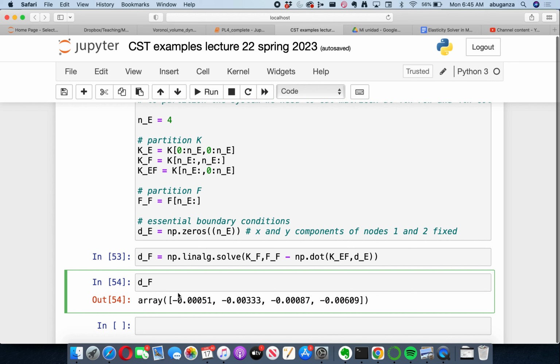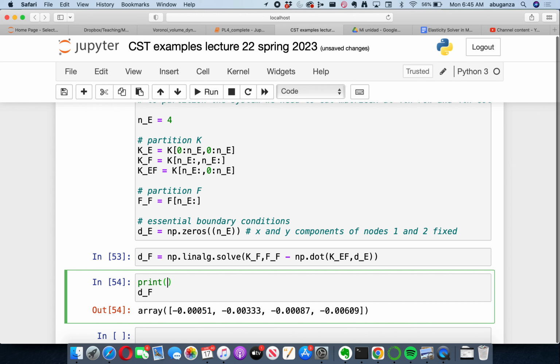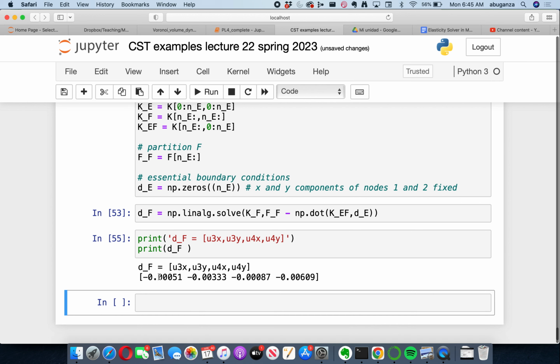Let me annotate this. Let me just print df equals u3x, u3y, u4x, u4y. There we go.